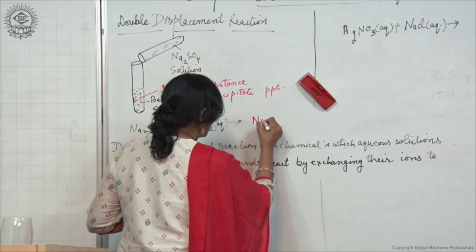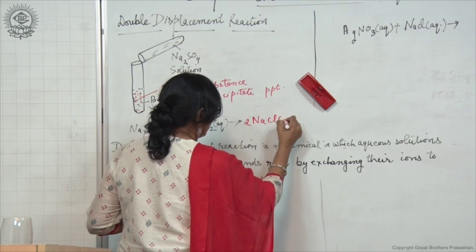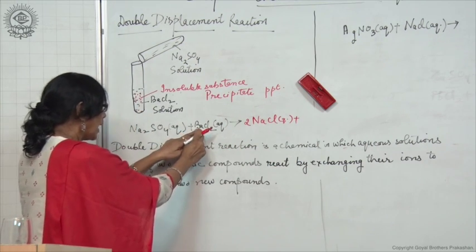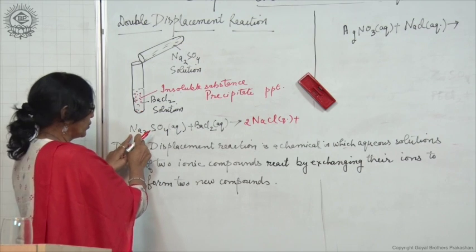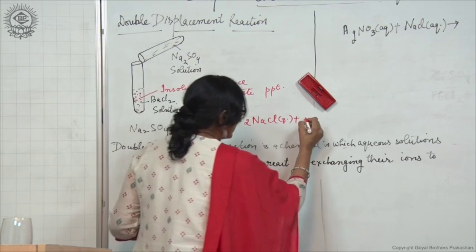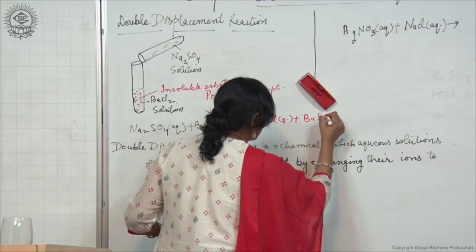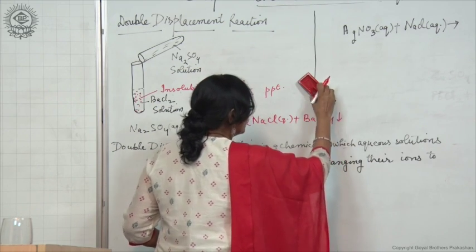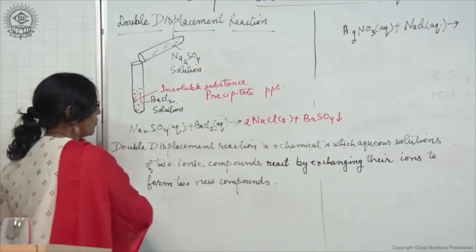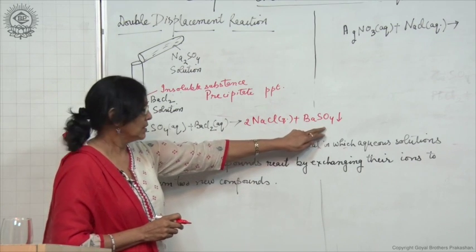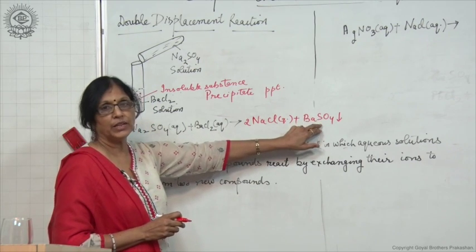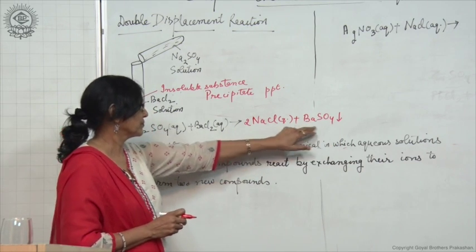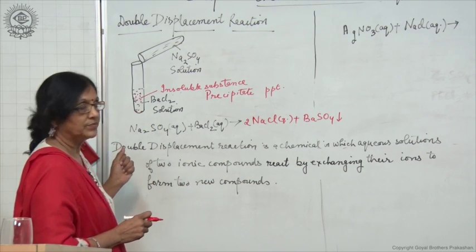It has formed NaCl, and barium has displaced sodium and taken its place and has formed barium sulphate, which is a precipitate. So, barium sulphate has precipitated. The precipitate can be indicated by an arrow in downward direction. So, this reaction has occurred.